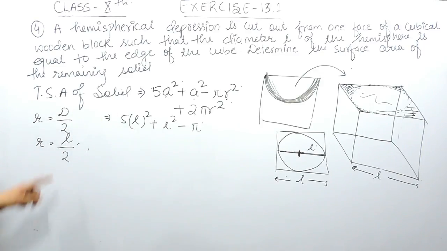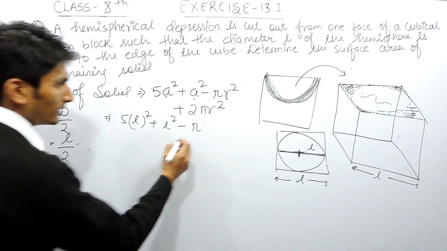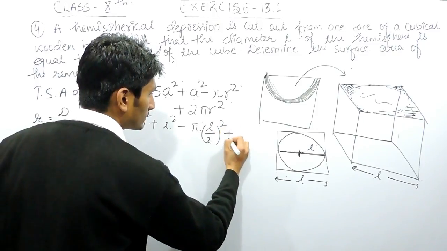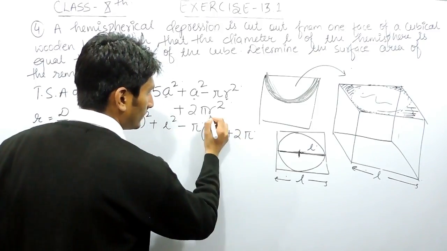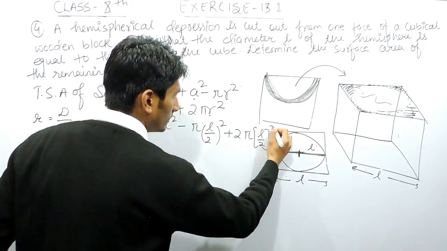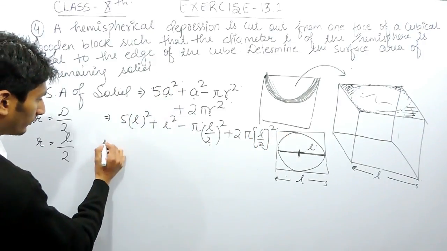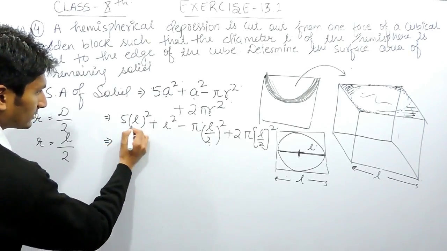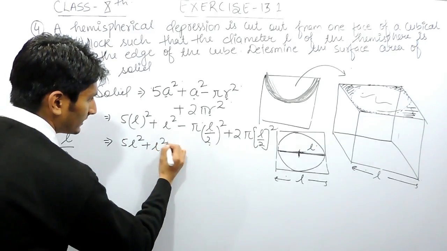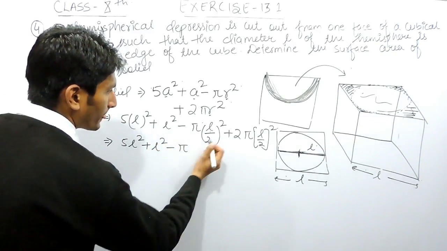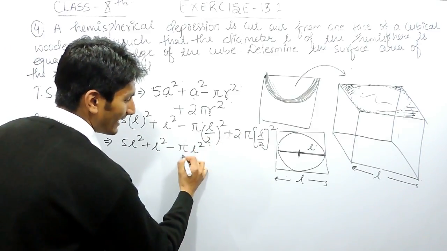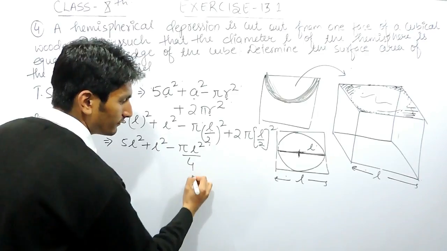The SI unit is not given, so we write unit meters. So it will be 5L square minus pi times L by 2 whole square, plus 2 pi times L by 2 whole square. Now solving, L square remains as it is. L by 2 whole square means L square upon 2 square, which is 4.